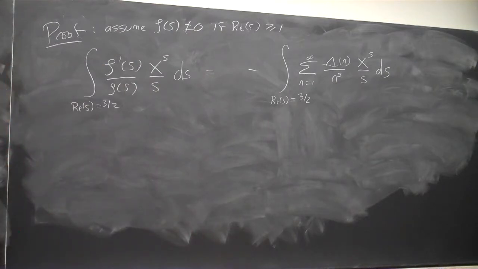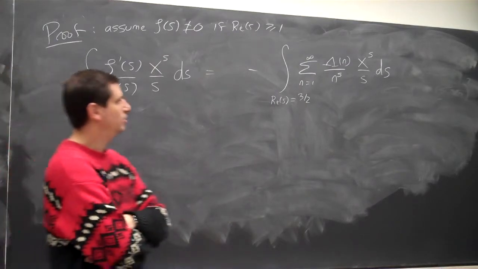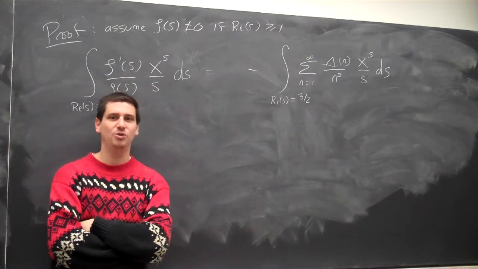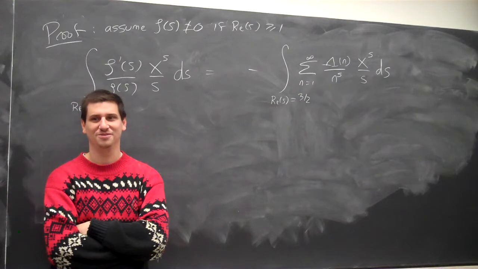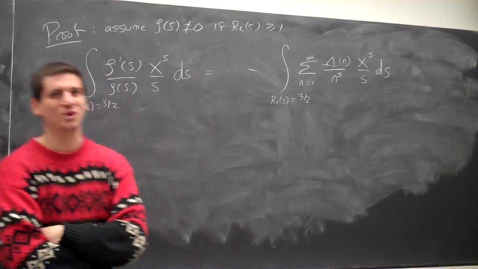And so now, what I want to do is I want to evaluate both sides. Okay, so the physicists who might have zoned out a little bit, now we're back to something that you would love to do. Switch the sum and the integral. When in doubt, switch.